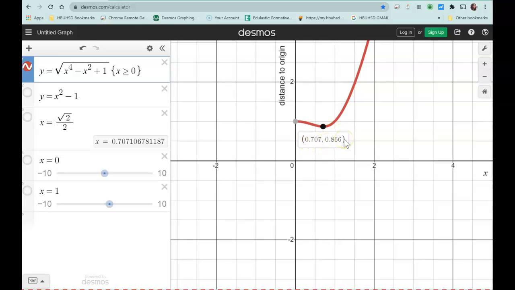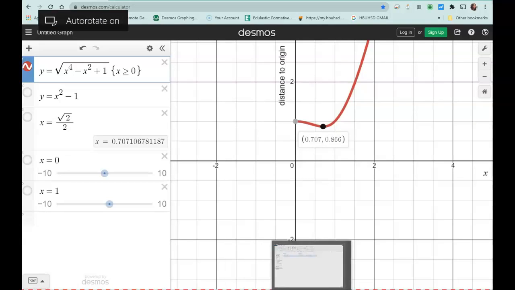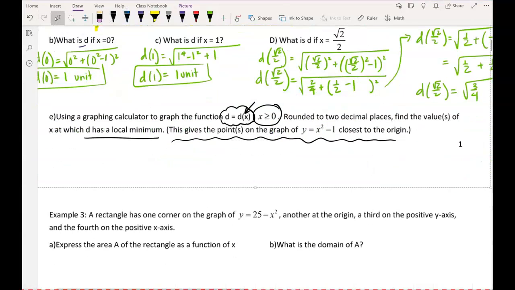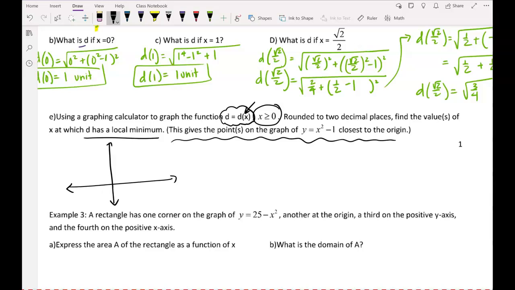Let's go and write that down and sketch that out. So use a graphing calculator, so just go ahead and sketch this out. And it looks like it only wants the positive side. And then just kind of dip down a little bit here and then goes back up. So here is the lowest point. So find the values.